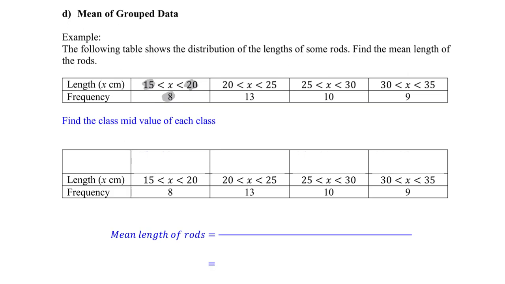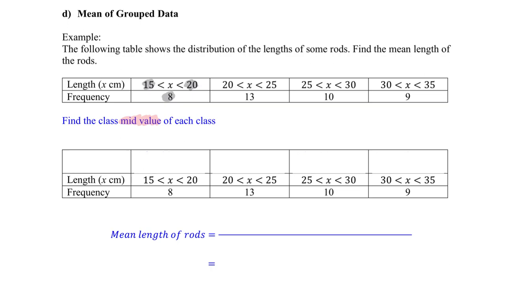Class meaning each row here; the length between 15 and 20, that is one class. So that one will have 8. So for each class, find the middle value. Let me show you.